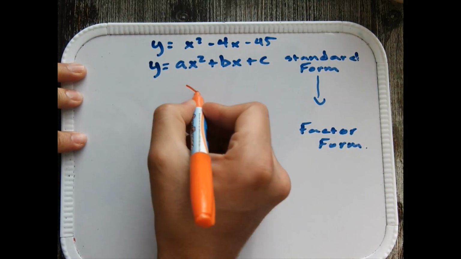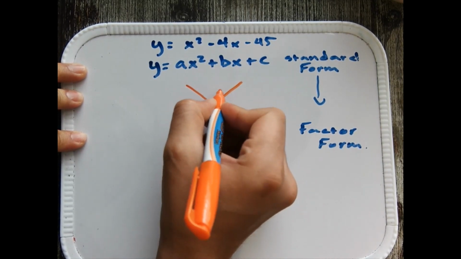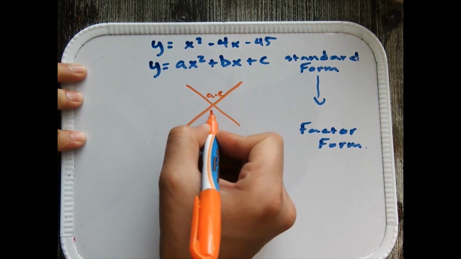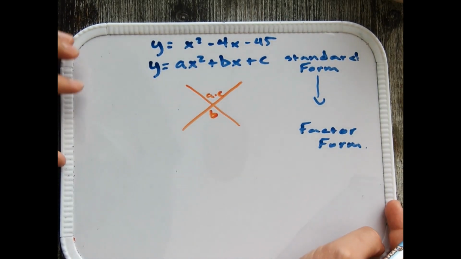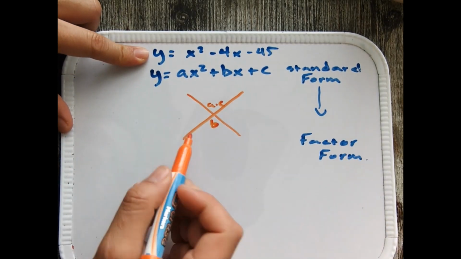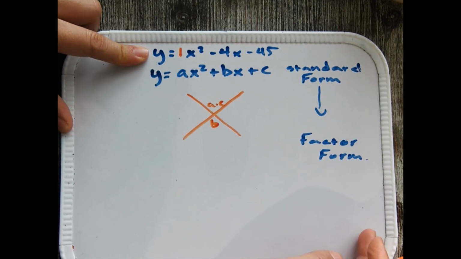So for the x method, what I need is, in the space on top, a times c, and in the space on the bottom, I need the value of b. For my equation, my a, even though it's not there, is a positive 1.